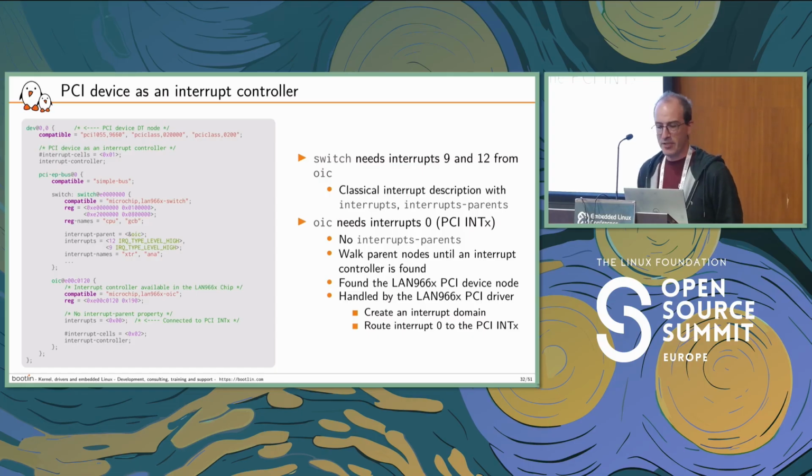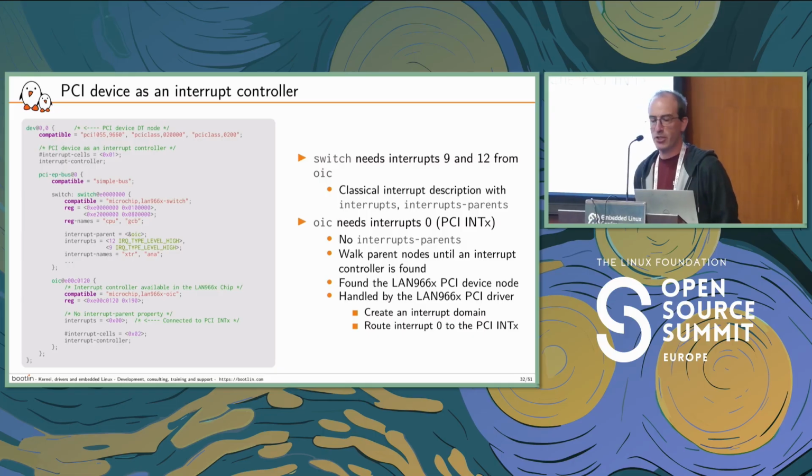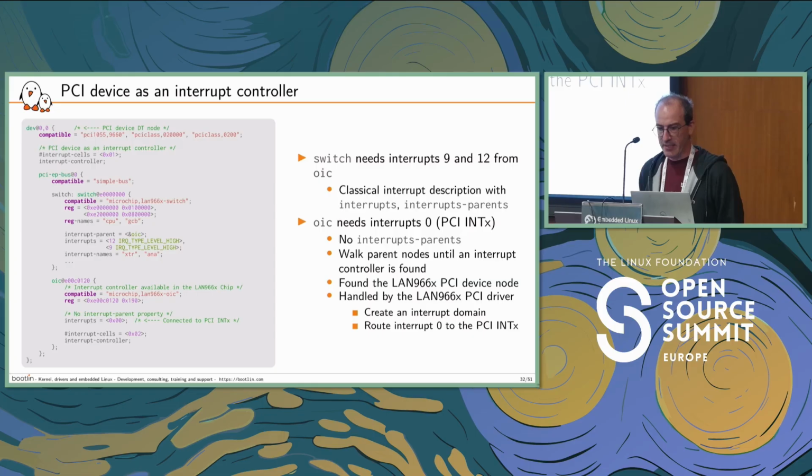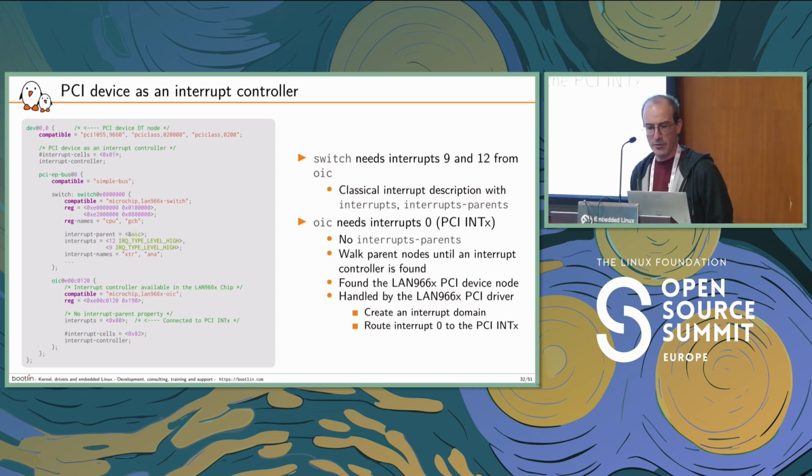But on the OIC, for instance, this is an interrupt controller available on the chip itself, and it is connected to the PCI INTx. So it uses interrupt number 0, right? But there is no interrupt parent definition in the OIC node. So the OF core, when it resolves this interrupt mapping, works up the parent nodes until it finds an interrupt-controller property, or an interrupt map.